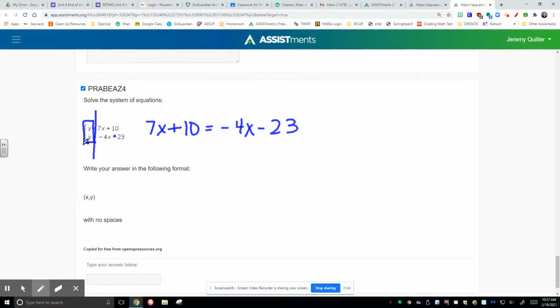If I switched it around, it's still going to say y equals 7x plus 10, meaning that the y coordinate is equal to the y coordinate when the value of x is equal on both sides. So solve for x, then solve for y. Put your answer right here as an ordered pair. Don't forget the parentheses, because if you forget the parentheses, it is wrong.